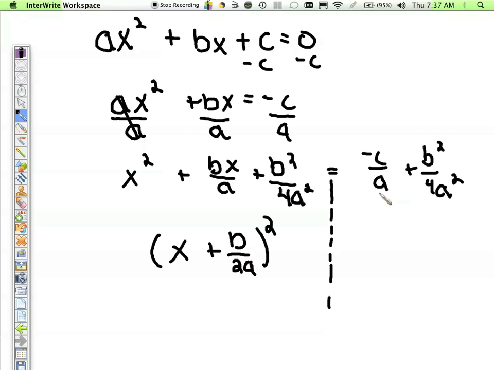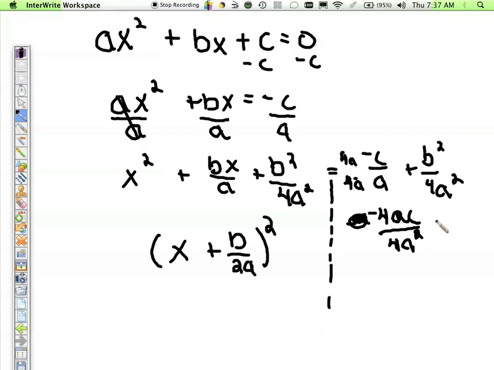I want a 4a squared in the denominator, so I multiply the c over a by 4a over 4a, and that becomes negative 4ac over 4a squared.